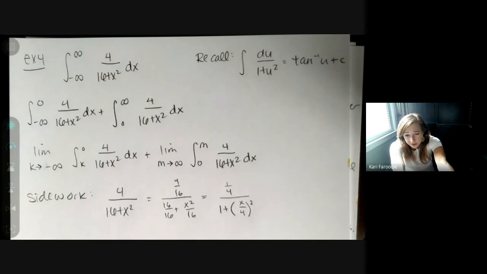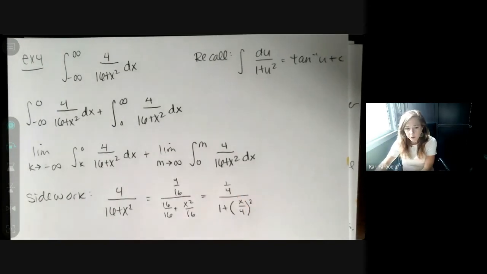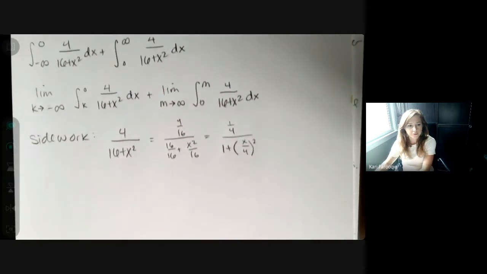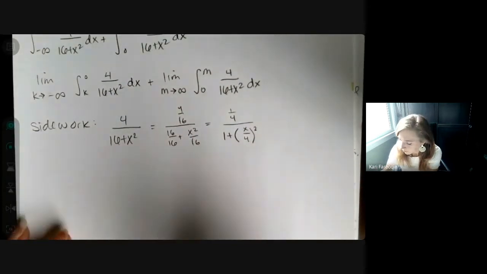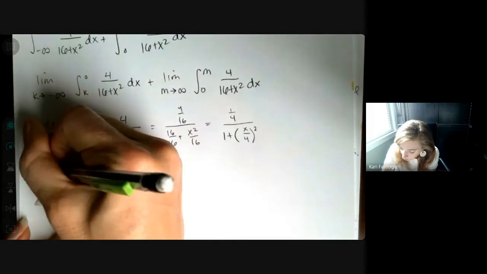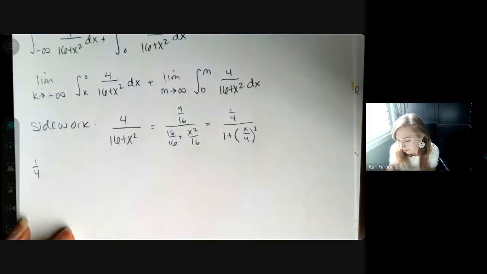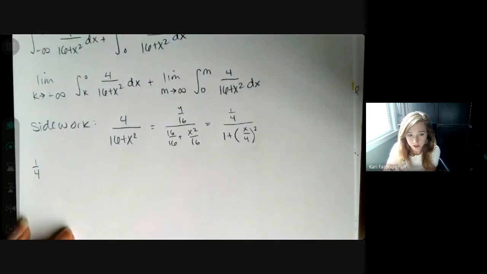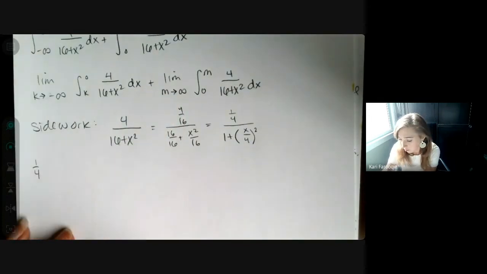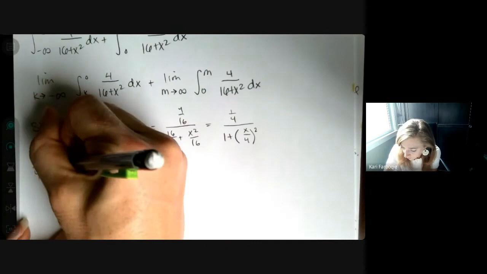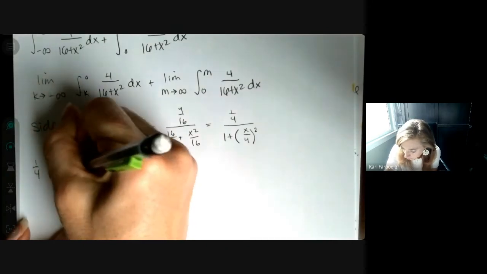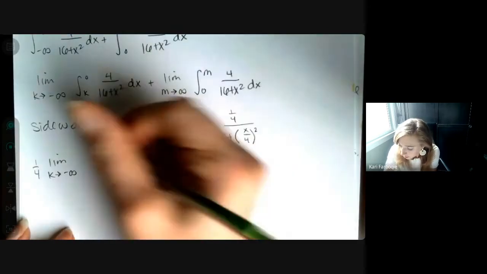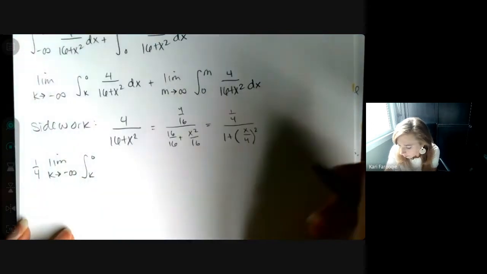All right, it's perfect now. We can pop it back in. The 1/4, though, I'm going to put in the front. I was going to say I'm going to put it in front of the whole thing, but I'm worried it's not going to get multiplied in. So I'm going to put it in front of each limit individually. So I'm going to rewrite my limits here. I know, all the rewriting.